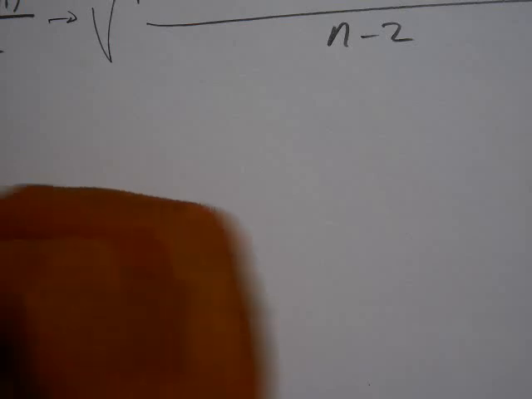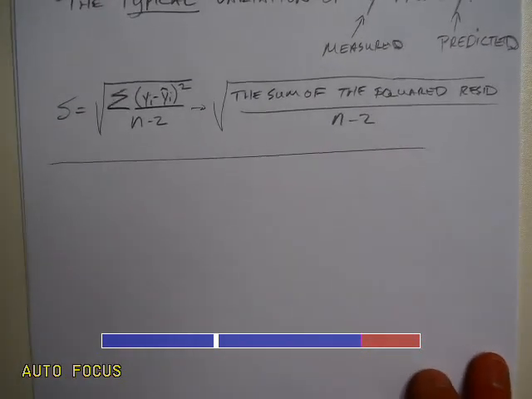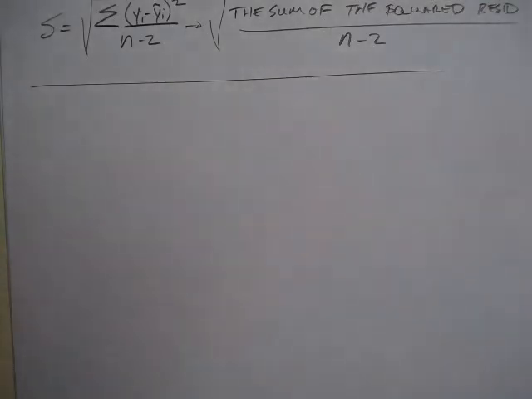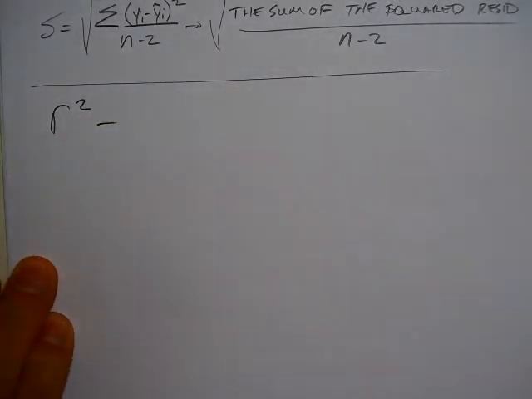You've now seen how it's done. We need to talk about one other big idea, r squared. I've mentioned it, now we need to throw it into our notes. So r squared indicates the strength of a y-hat prediction.